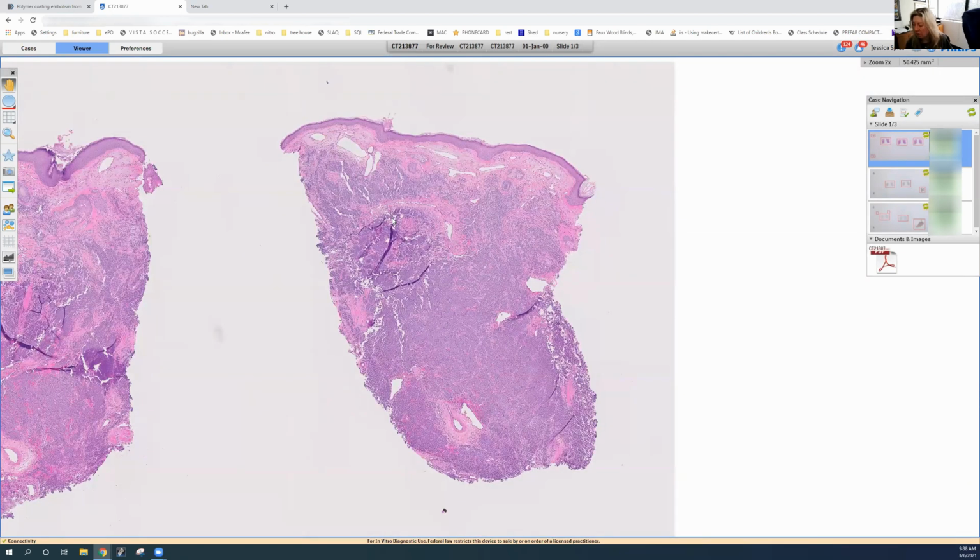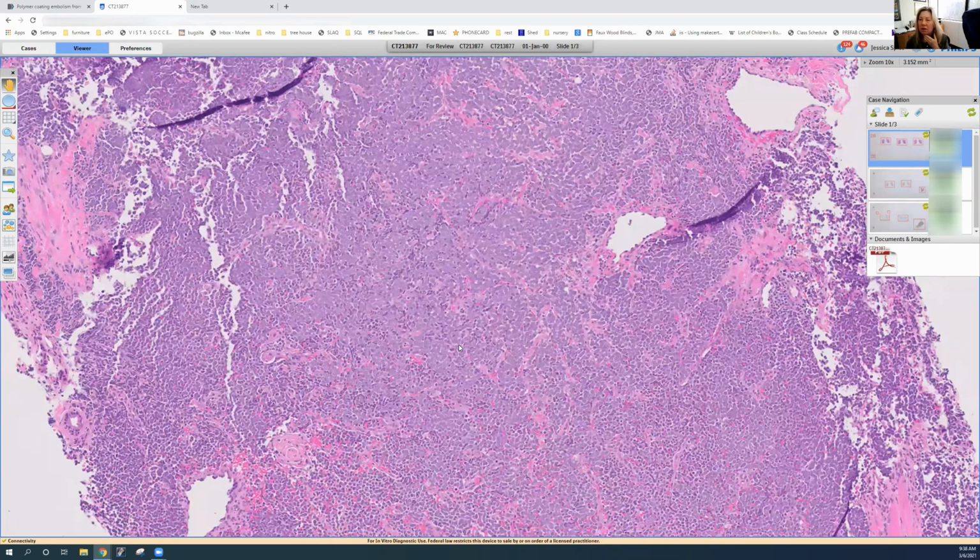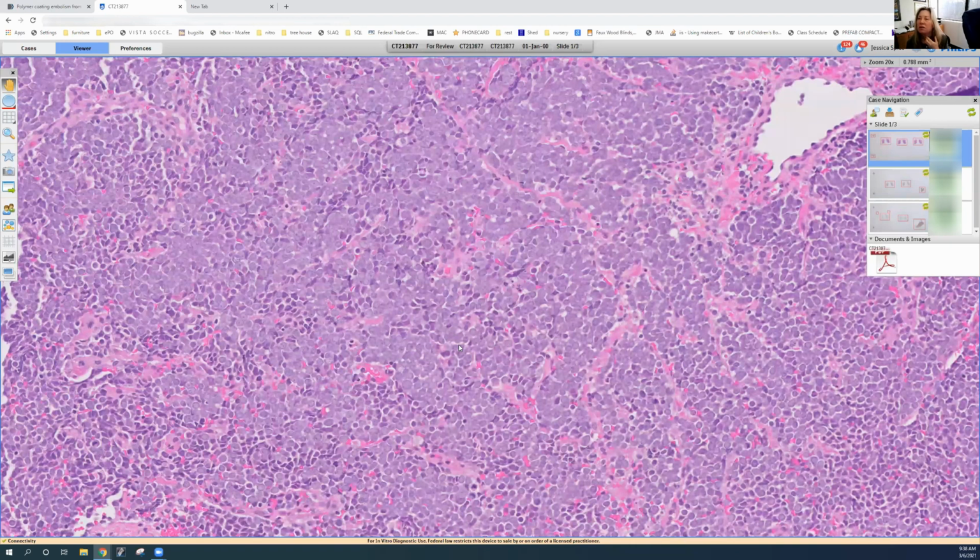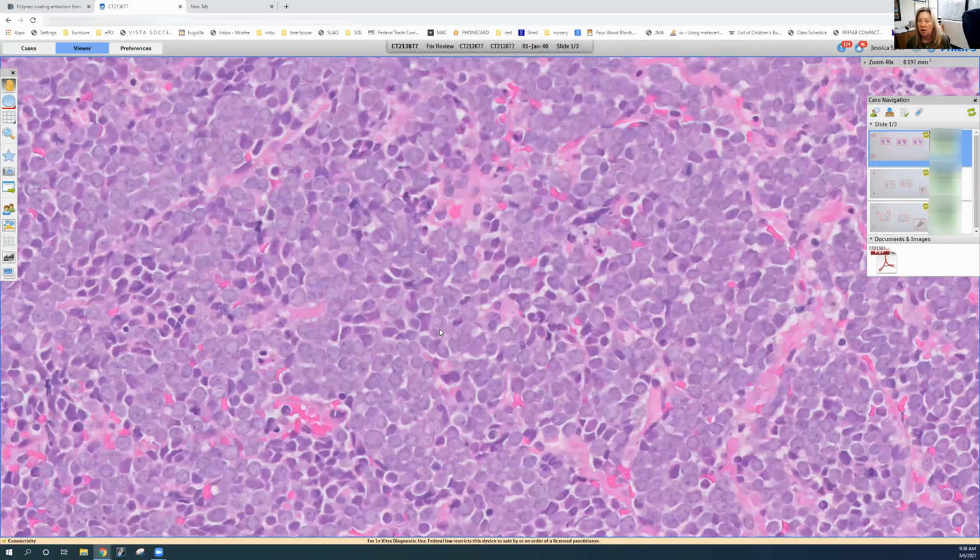Okay, so next case. We can see again here, nice big punch biopsy, not very much epidermal change. All the action is in the dermis. And you can see it looks very blue at low power, whatever this process is. Let's go on higher power. We have an infiltrate of cells with not very much cytoplasm. They have a really high nuclear to cytoplasmic ratio.